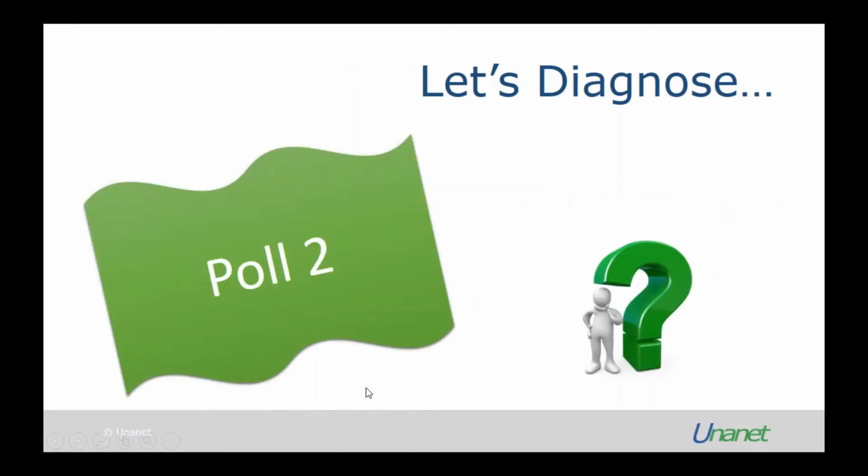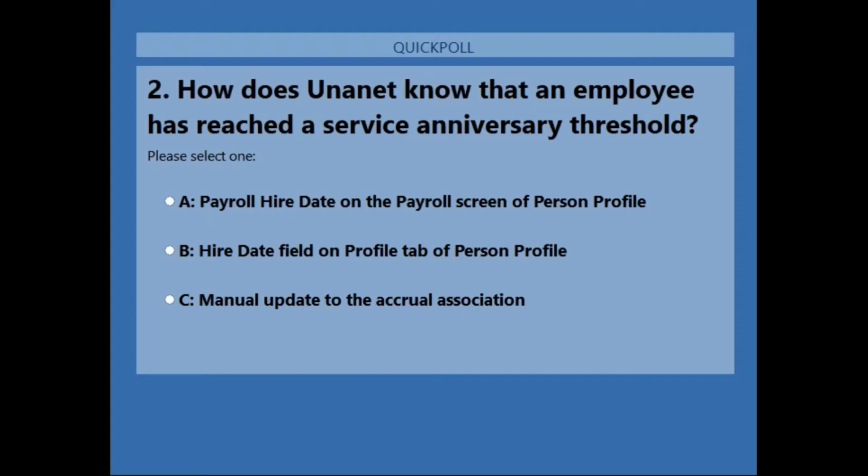All right, so Nick, we have another question, another item that we want to take a look at. So if you can go ahead and ask our poll question, thank you. All right, so I want to ask, how does Uninet know if an employee has reached a service anniversary so that your plan should have them accruing more hours?